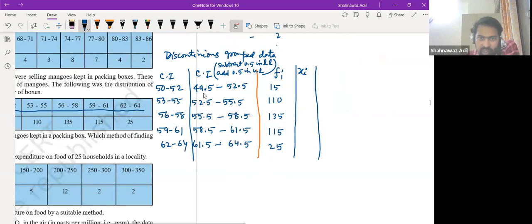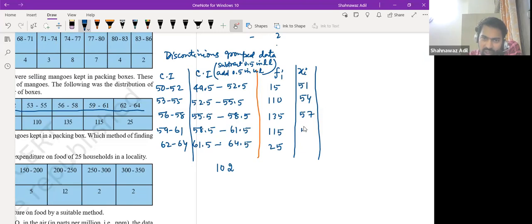This would be 49.5 plus 52.5. So that is how much? So that is 2, and then this is 102. So that is 51, right? And this is 54. This is 57.